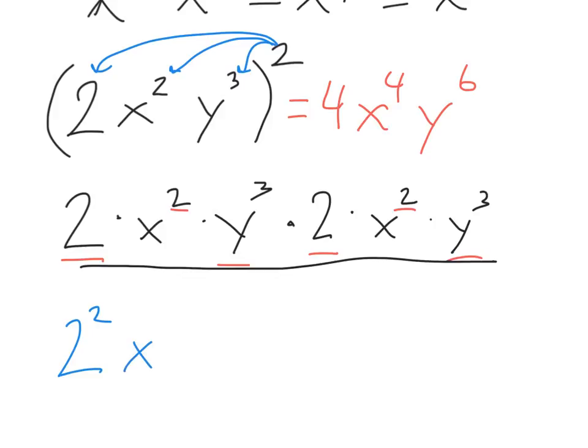Then it's going to be x 2 times 2 and y 3 times 2, which 2 squared is 4. X 2 times 2 is 4. Y 3 times 2 is 6.